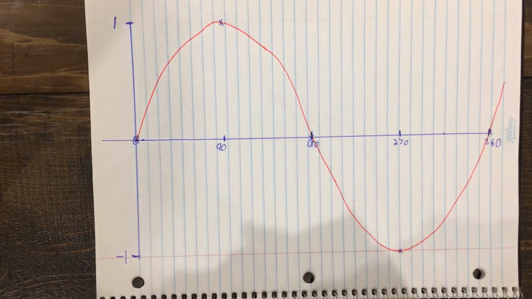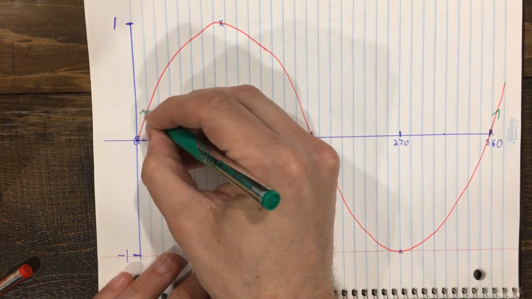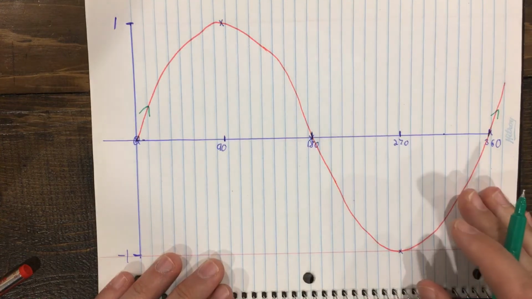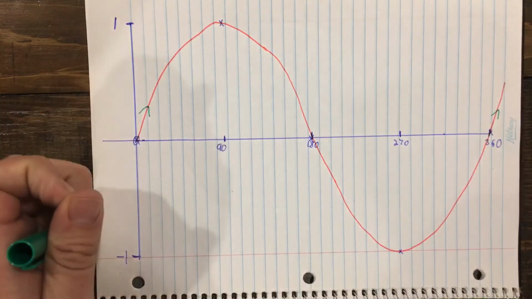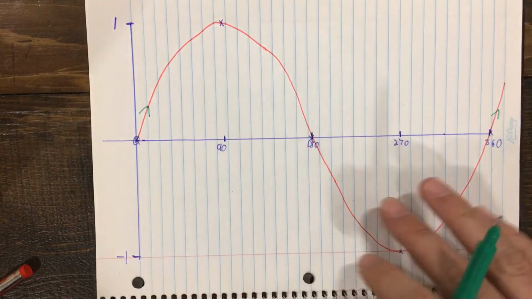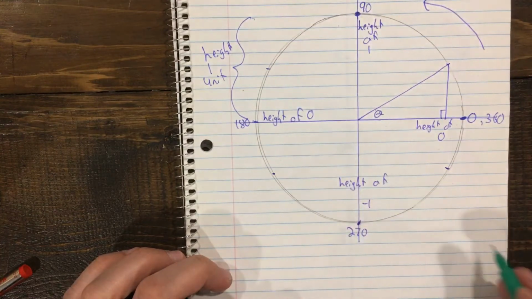This part right here is a repeat of that part right there. Okay? So that's the sine function just stretched out that went around the unit circle.